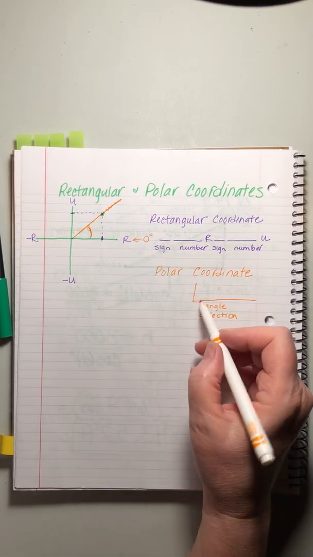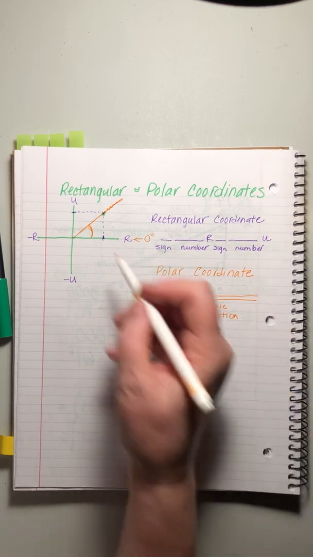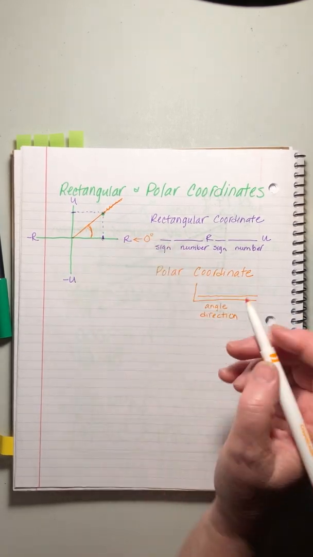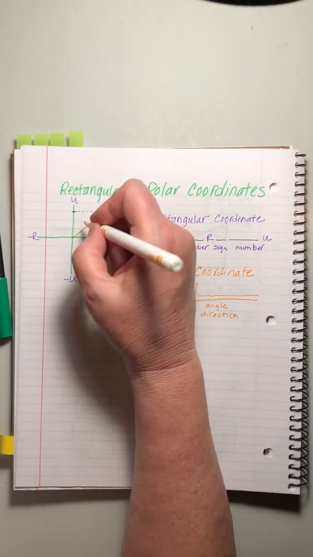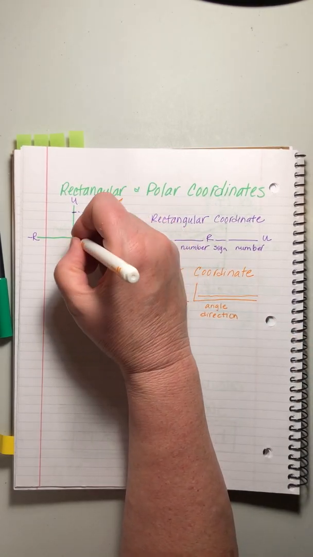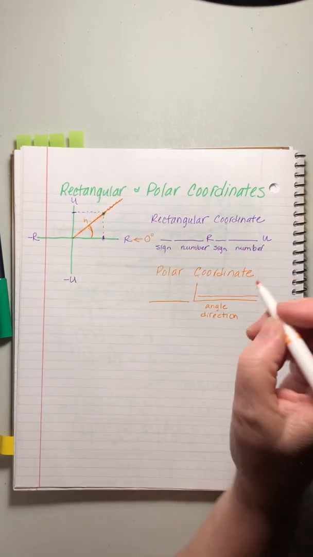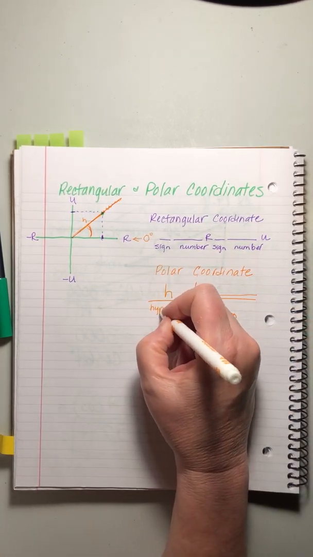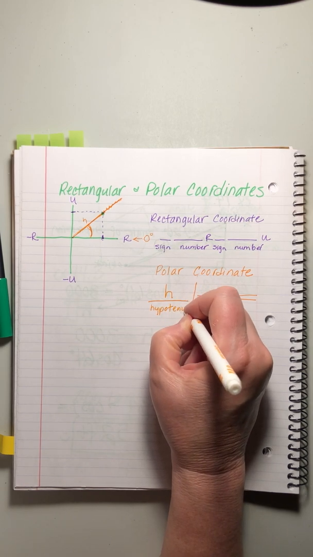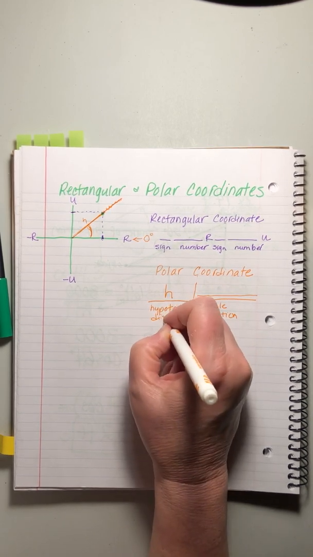Okay, so we would write a number inside of this box that represents this angle. Then, outside of the weird little box, we would measure the length of the hypotenuse. And this is what we call the distance.